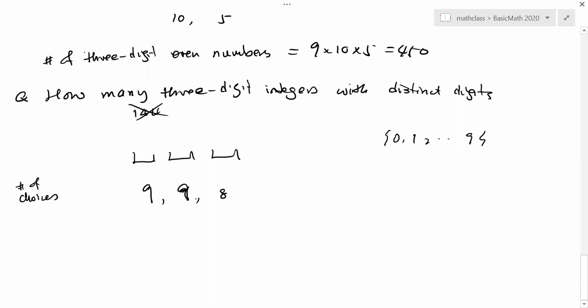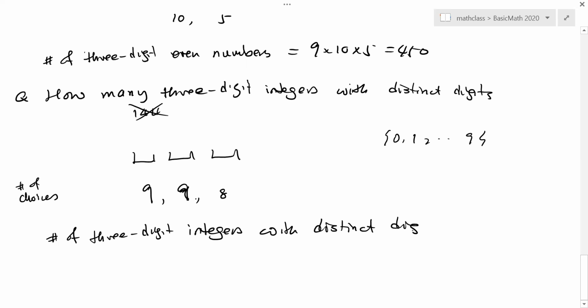So the total number of 3-digit integers with distinct digits is going to be the product of those numbers. So the answer will be 648.